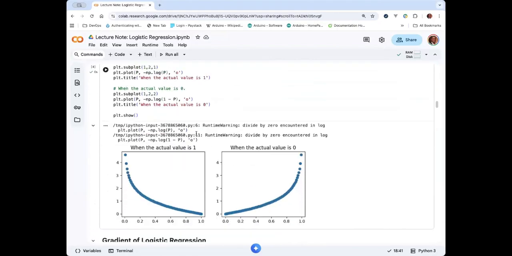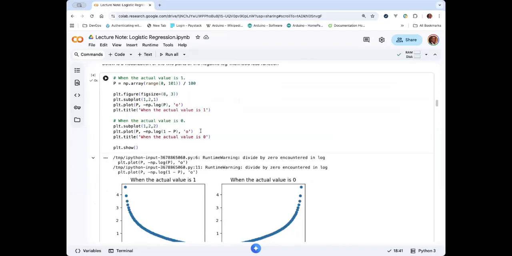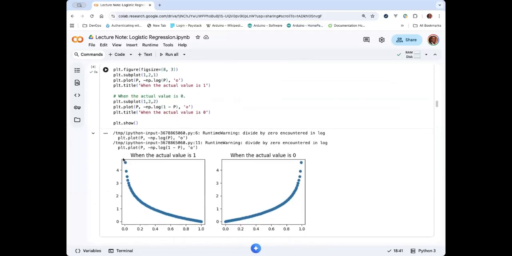So I tried to do a bit of visualization just to help us understand. This is the probability function, the log p. This is the minus log p, and this is the minus log 1 minus p. The minus log p is what you use when you want to predict 1.